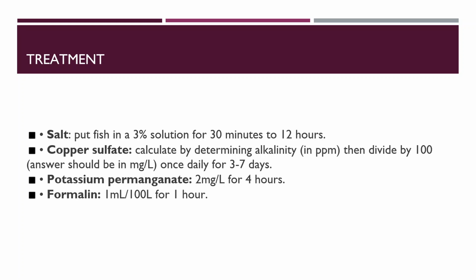Copper sulfate and formalin may affect plants and algae, so we have to be careful if there is flora in our water system. Potassium permanganate, we should not use when it has oxidized. Potassium permanganate is purplish in color; once it turns yellow, we shouldn't use it because it is no longer effective.